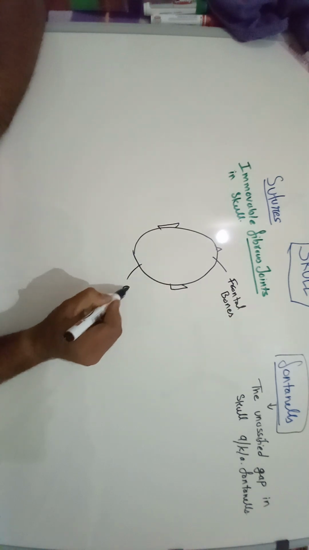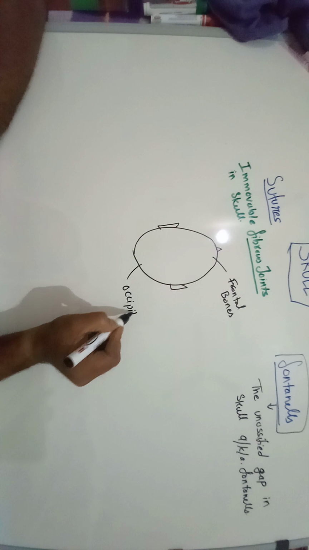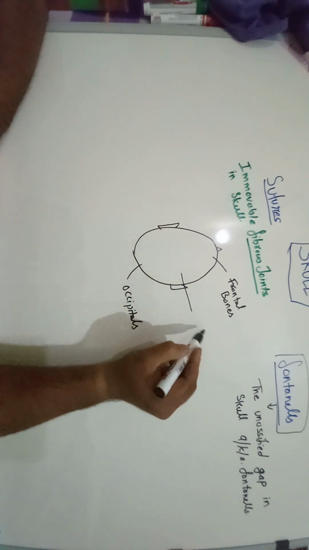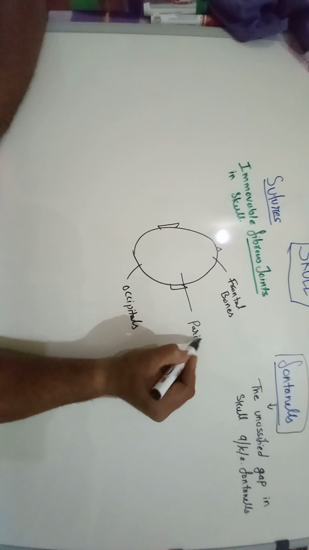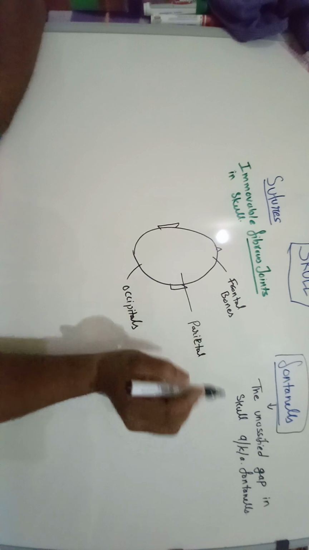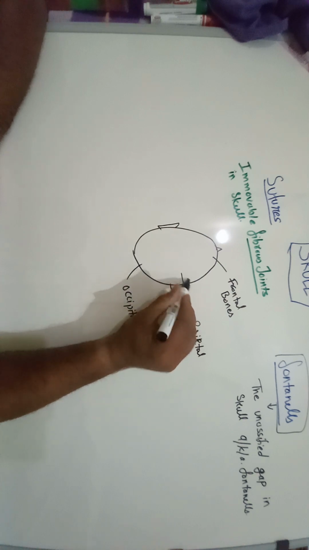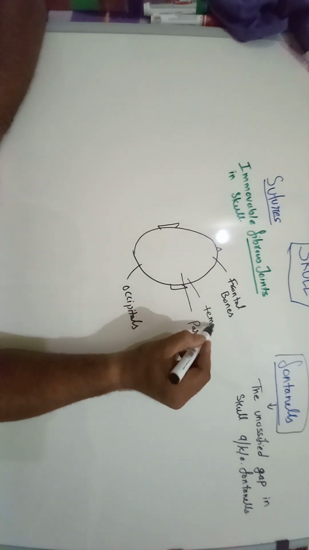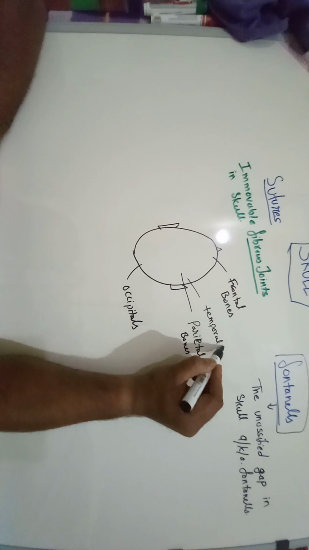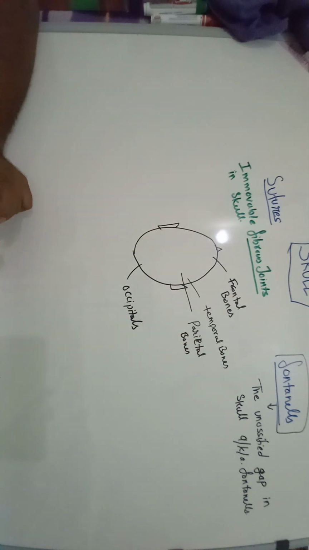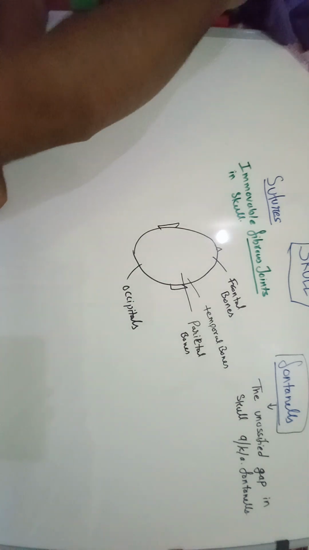This is the occipital bone. Let's revise. This is a parietal bone, and the temporal bone. I'm just revising them. Now, how are they joined together with the sutures?